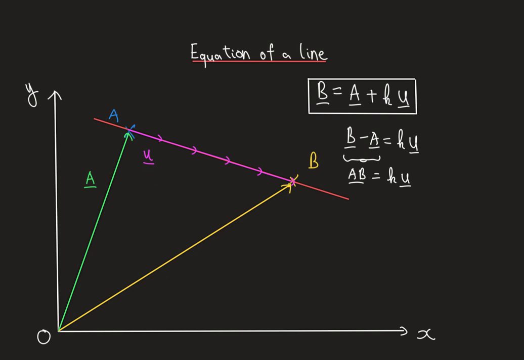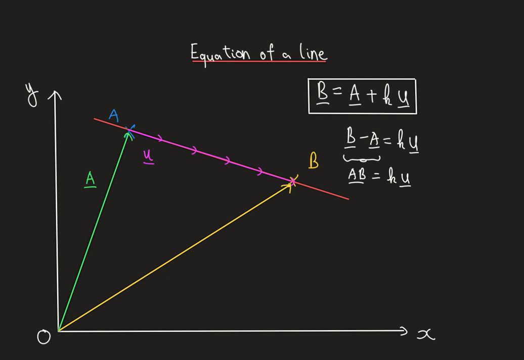Now, why is that important? It is important because it allows us to define a line in yet another way. Essentially, a line that goes through a point A is defined as the set of all points B, such that the vector AB can be written as a scalar multiple of our direction vector u.